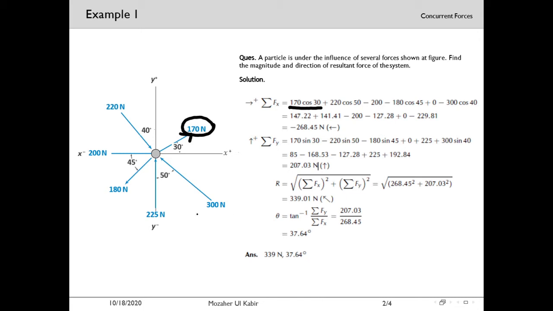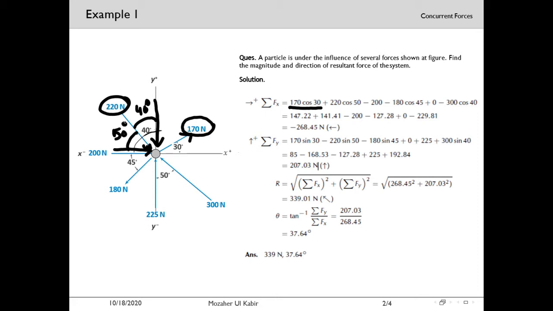So the second force we are going to consider is 220 Newton. This 220 Newton is acting towards the point, so it will also have two components, one in x direction and one in y direction. The angle is given with the vertical component, which is 40 degrees. We know that the whole angle is 90 degrees, so if this is 40 degrees, the other one will be 50 degrees.